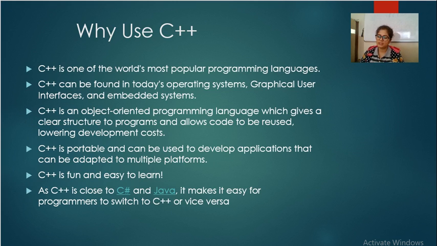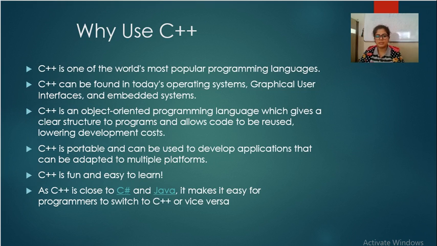Because in C++ we make use of objects for everything. Whatever task we have to perform, if we have to communicate, if we have to pass a message, we always make use of objects. C++ is totally based on the concept of objects. So this is the reason C++ is called object-oriented programming.